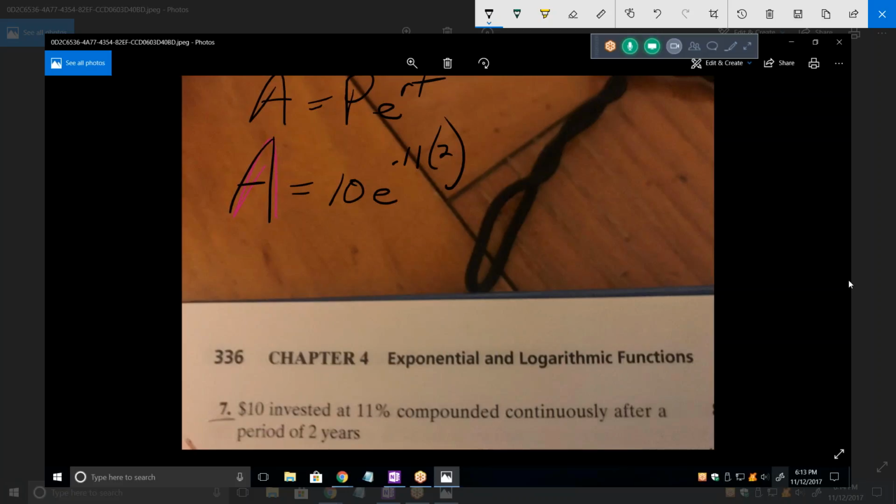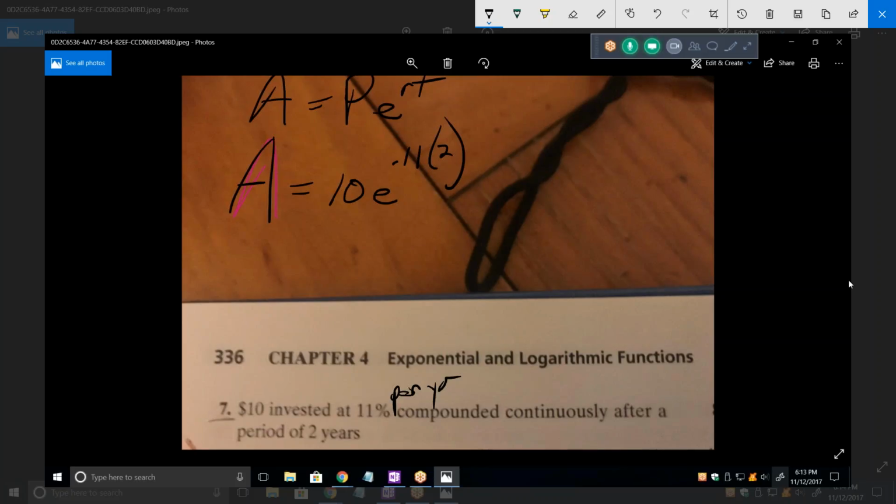When you're doing continuous compounding, you really should have said per year right there, because it isn't always per year. When you're dealing with bacterial growth, it might be 11% per day, compounded continuously.